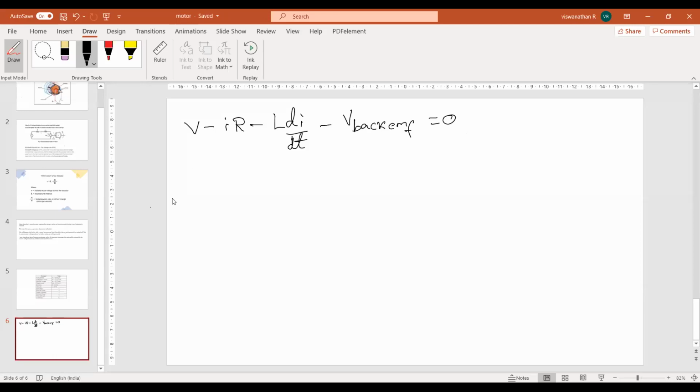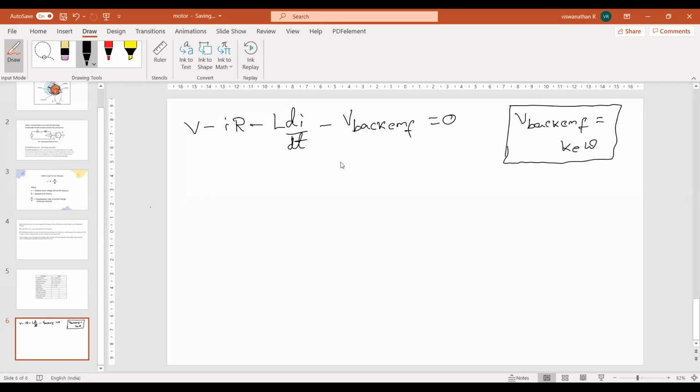Now this back EMF voltage is equal to the back EMF constant multiplied by the angular velocity. This is a formula. So the back EMF voltage is equal to the back EMF constant multiplied by the angular velocity.